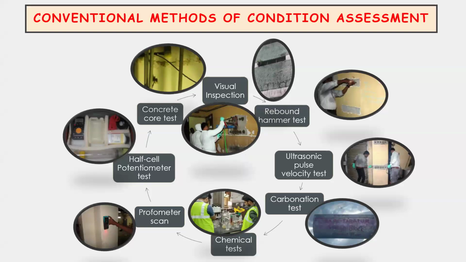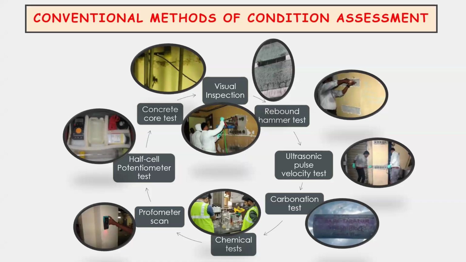These two tests basically provide the quality of concrete in the existing structure. Then concrete core test and half cell potential test. These are basically partially destructive tests, and the concrete core test will give you the idea about the compressive strength of the in situ concrete.